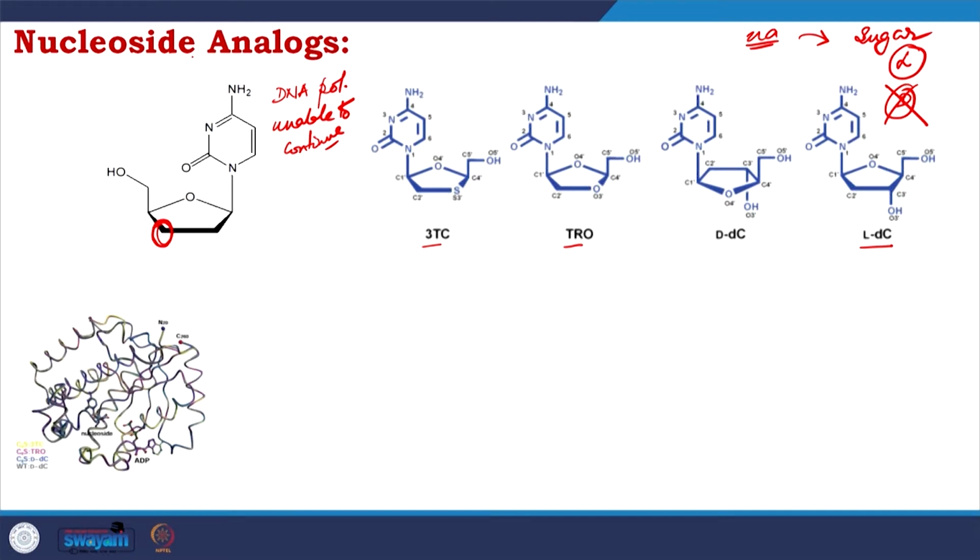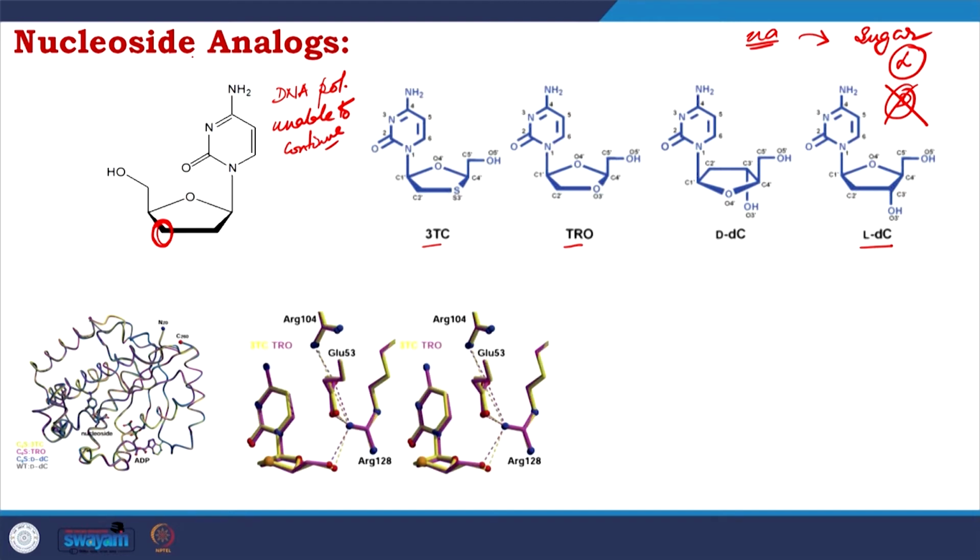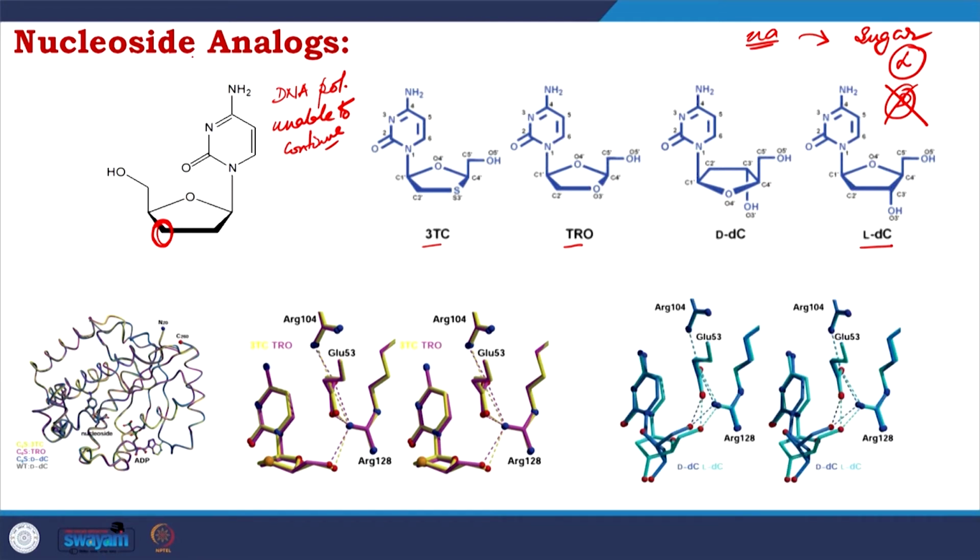So, what we did, we crystallized all of those compounds with a target enzyme called deoxycytidine kinase, and we clearly showed the molecular details of how these molecules are interacting with the enzyme and how the catalytic residue GLU53 is coming close to the sugar, to the position where it has to hydroxylate.